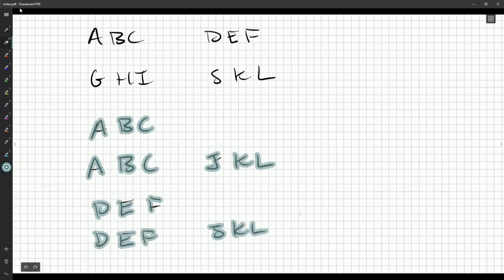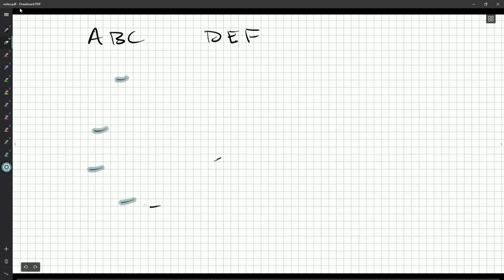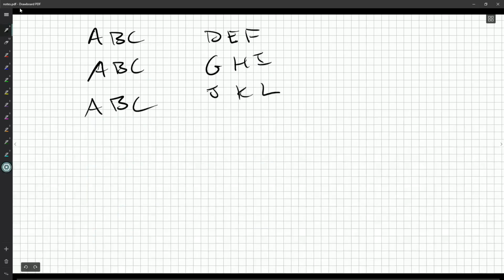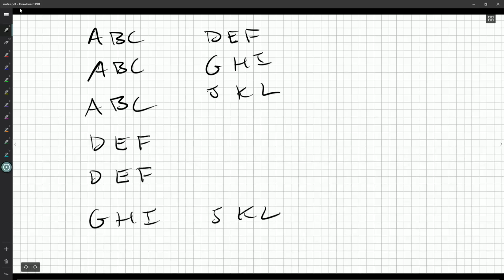Actually, that's basically writing it out the same way. Let's do it this way. So we'll sort of alphabetize these pairs. G, H, I, J, K, L. And 2 that start with D, E, F. And then 1 that starts with G, H, I. There, I think that's a much cleaner way to write it out.